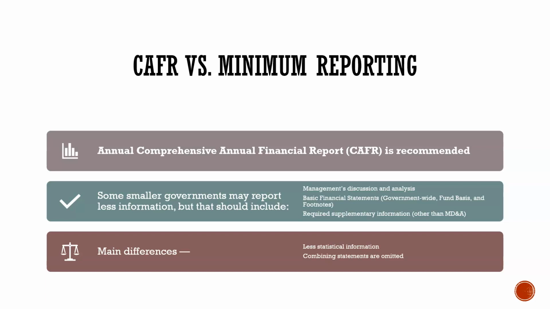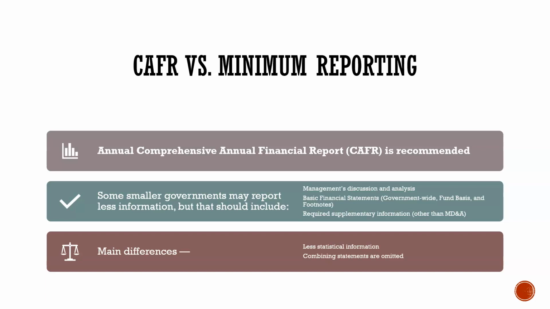That's MD&A, right? You've seen that in for-profit public accounting when you've dealt with your audit class, right? You've talked about the MD&A. Your basic financial statements, that includes your government-wide, your fund basis accounting statements, and any footnotes that you might have, any disclosures that you might have. And then also your required supplementary information, that RSI, other than your MD&A.